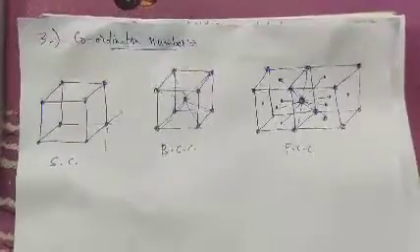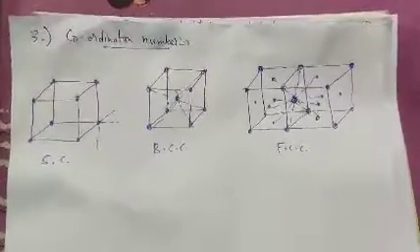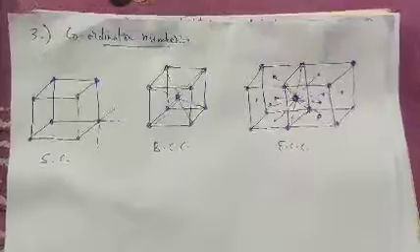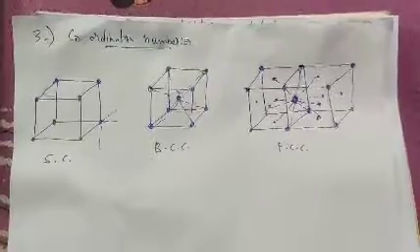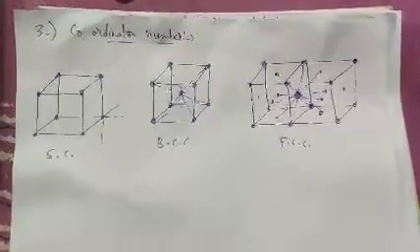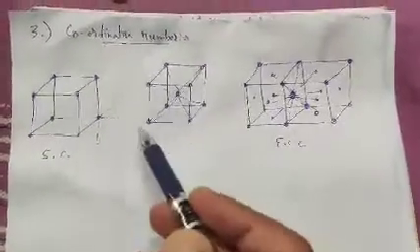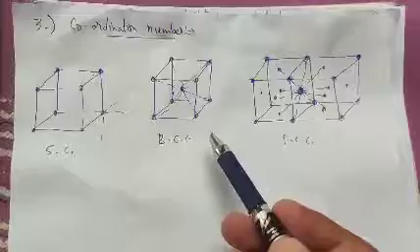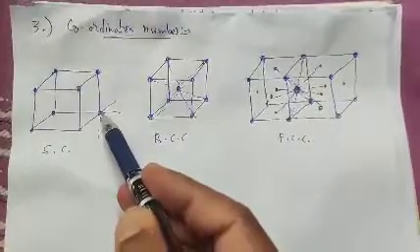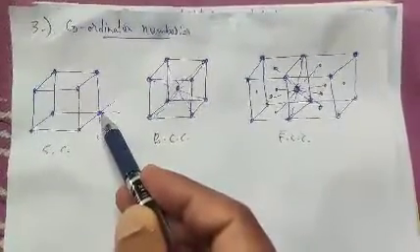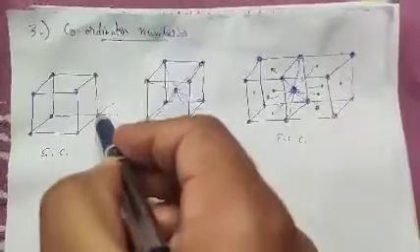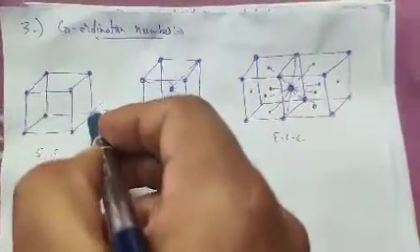Next property will be the coordination number. Coordination number is basically the number of nearest neighboring atoms that surround each atom in the lattice. That means, in the case of simple cubic, suppose this is the central atom, it will be connected to six nearest neighbors.